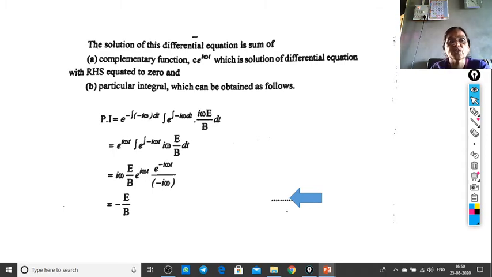When any differential equation has its RHS different from 0, it has two solutions. The complementary function, when its RHS is equated to 0, and the particular integral as the second part of the solution, when we take the RHS as it is. When we consider its RHS equal to 0, we have the complementary function c e raised to I omega t.